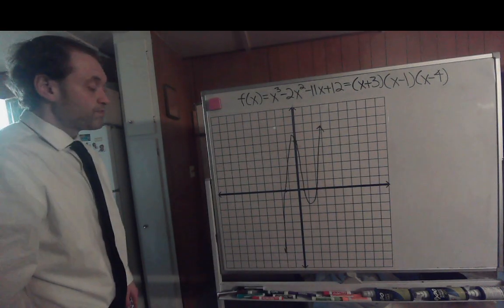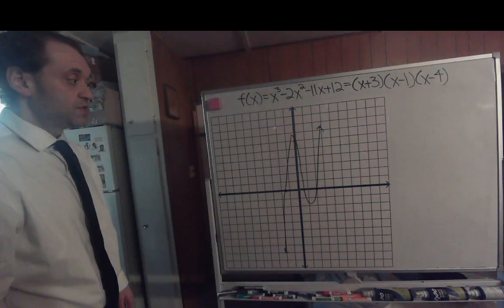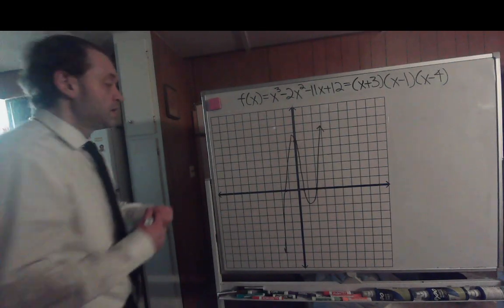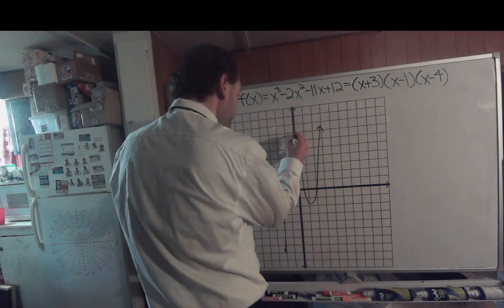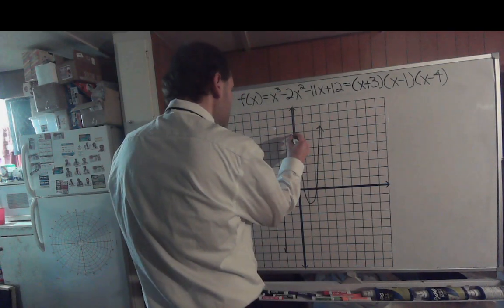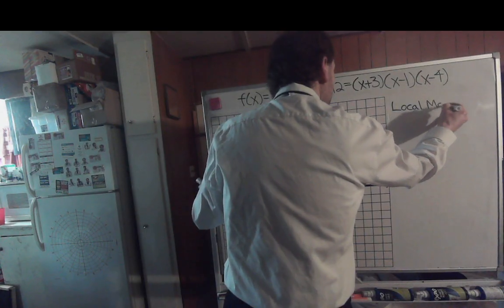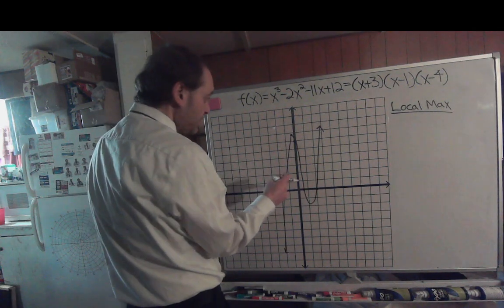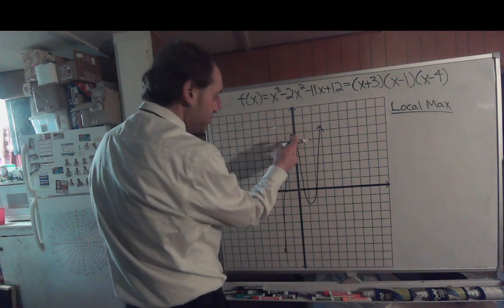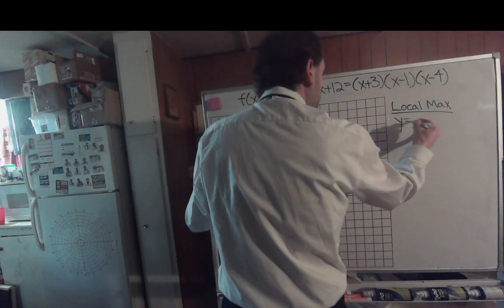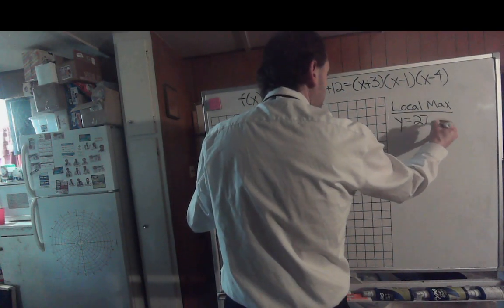Now, with our 2 turning points, which means we have 1 local max and 1 local min. So, there's our local max right about here. Local max again pertains to the y value. That's going to be roughly about 13.5. So y would equal 27 halves.